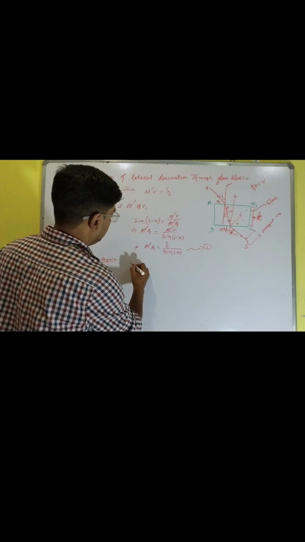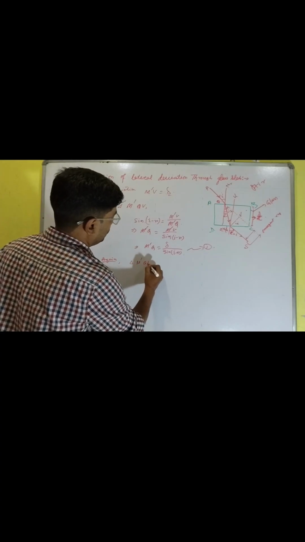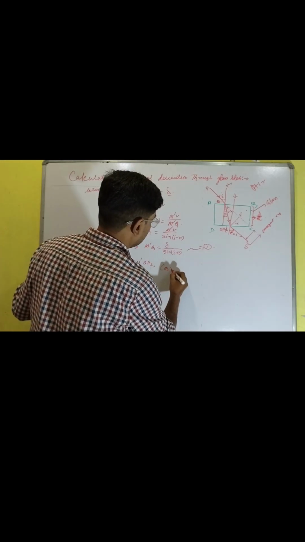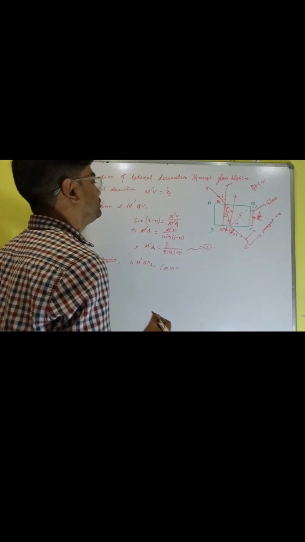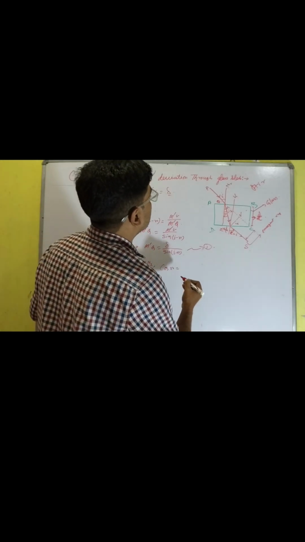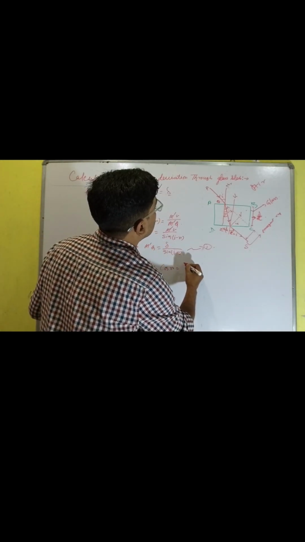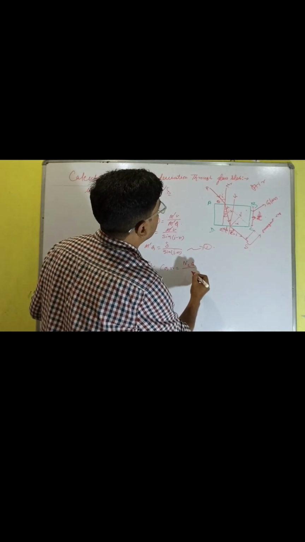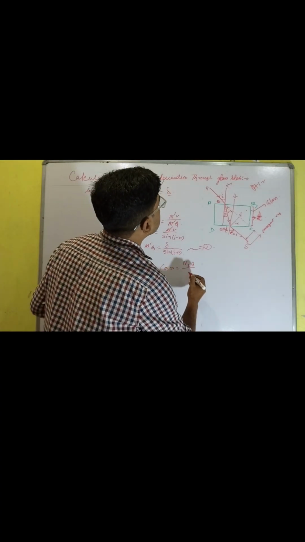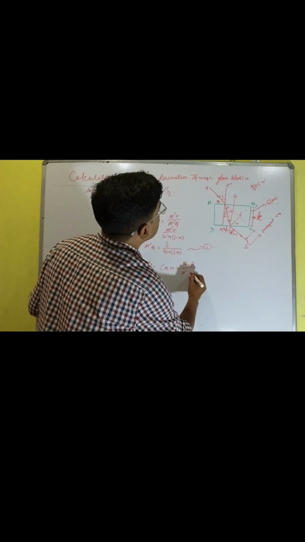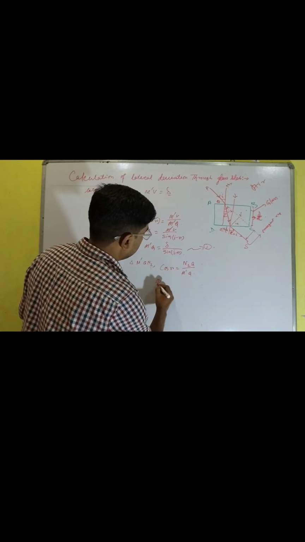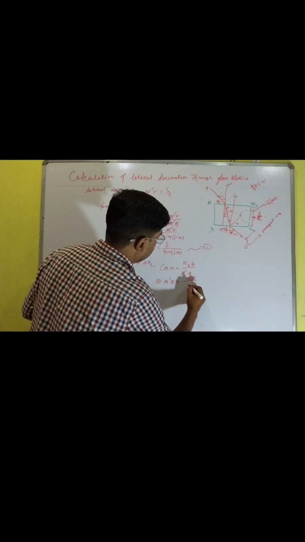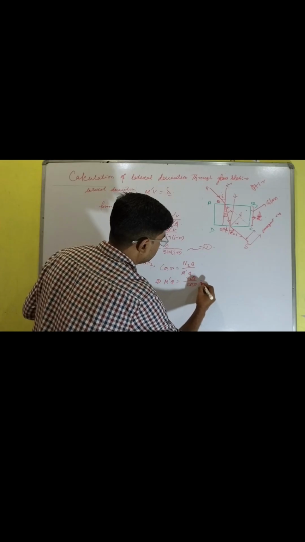From triangle M dash QN2, cos r is equal to N2Q by M dash Q. This implies M dash Q is equal to N2Q divided by cos r.